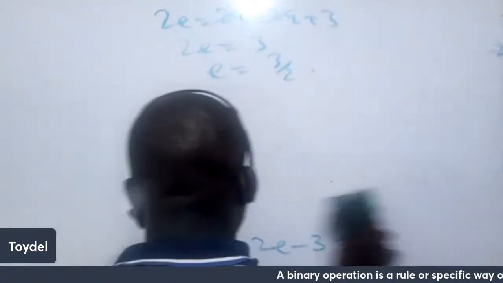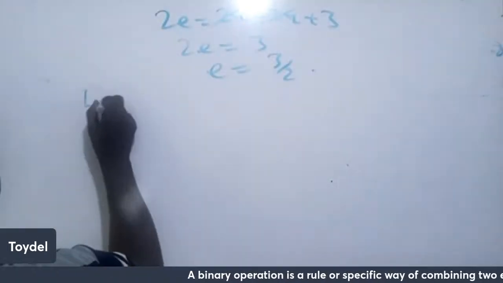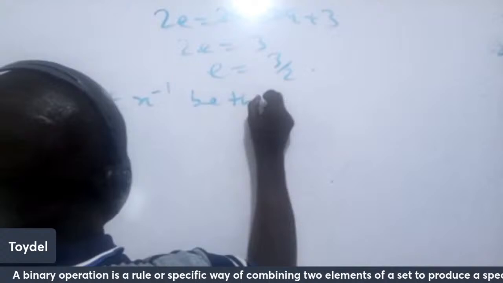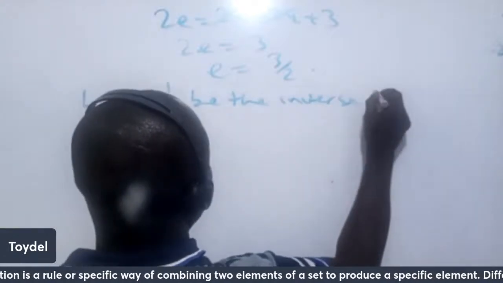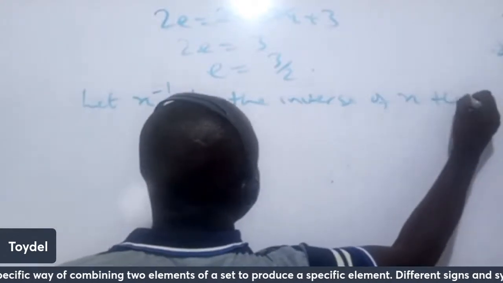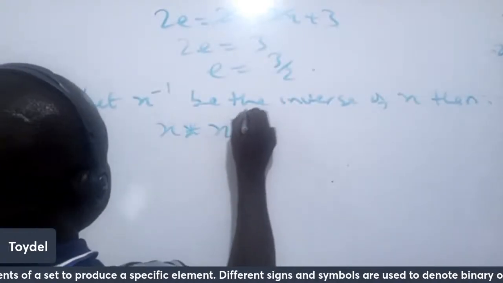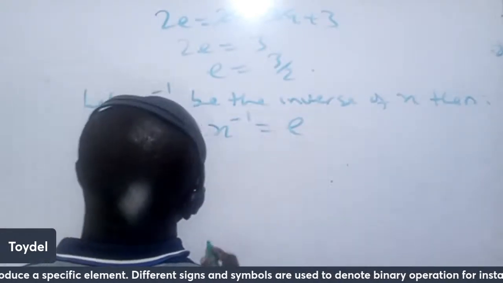So let's go ahead and find the inverse element. We can say let x inverse be the inverse of x. Then what is the implication? X asterisk x inverse must give us the identity element.